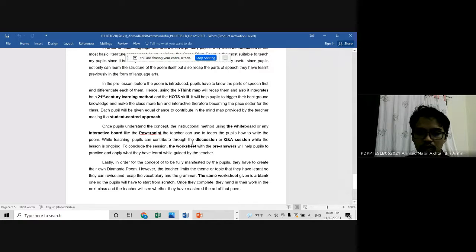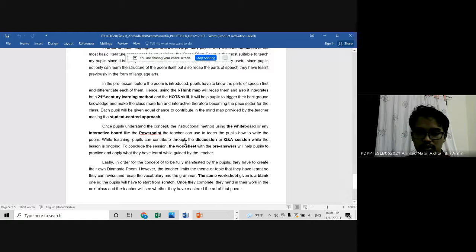And while the lesson development or the lesson delivery is going on, the teachers can also engage in discussion and a Q&A session. So instead of the teacher only teaching the students, during the delivery of the lesson, the students may participate actively inside the classroom.